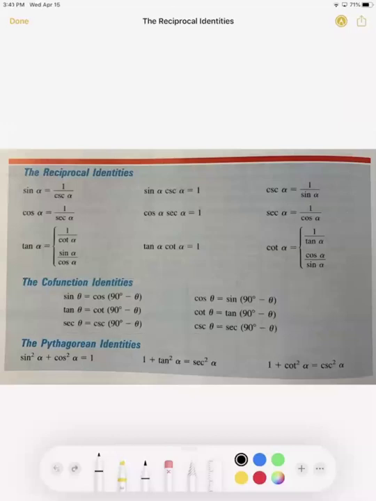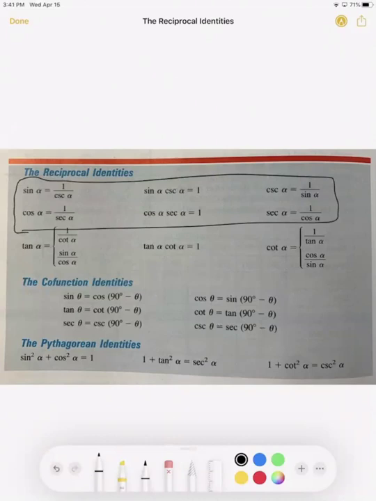Okay, now let's go up to the top and talk about these 6 reciprocal identities, and you know these. Now they're using alpha, the Greek symbol alpha, here for an angle. You can use theta, you can use x, so don't be concerned about that. But the sine of alpha is equal to 1 over the cosecant of alpha.